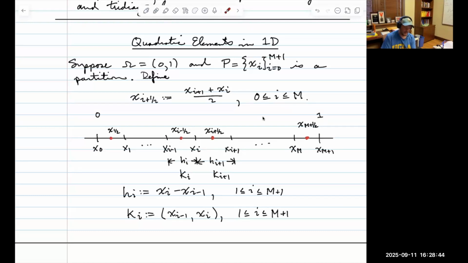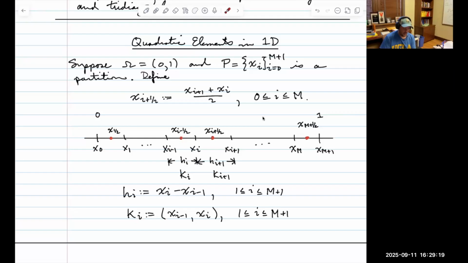What we're going to do here for quadratic elements is whatever partition you lay down, we're going to go back and look at the partition endpoints, and we're going to calculate the midpoint from that. Very simple calculation. So how do I get the midpoint of, say, the interval ki? I just take x_i plus x_{i-1}, averaged, and that gives me the midpoint, and I'm going to label that midpoint x_{i-1/2}.